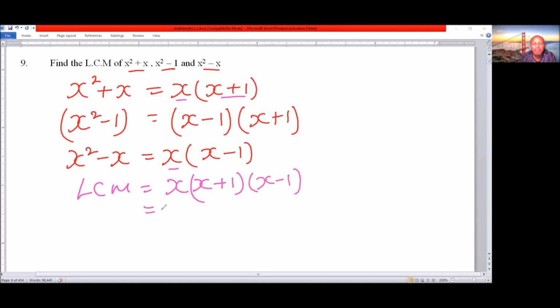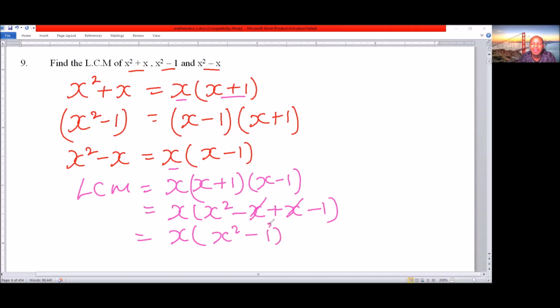So when you open the bracket here, you have x times x is x squared minus, now this one is x multiplied by 1, minus x plus x, then you have minus 1. This x disappears with that, so we have x squared minus 1.